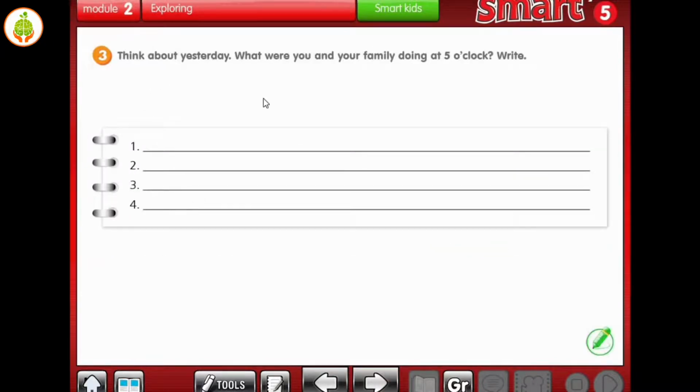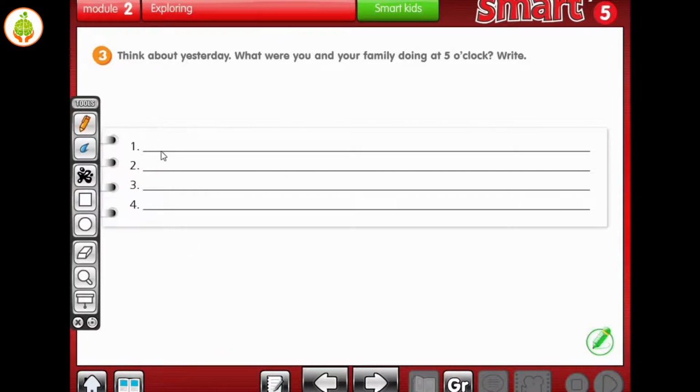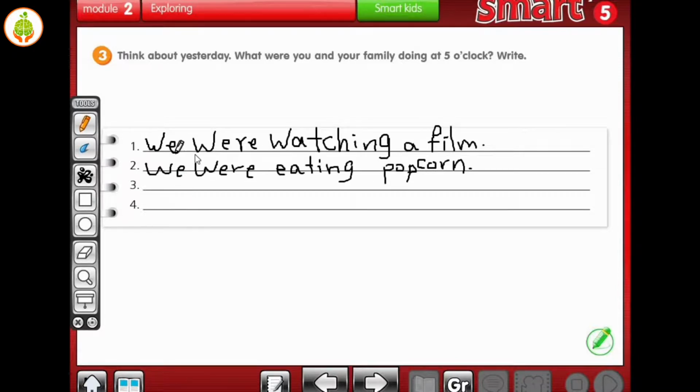Think about yesterday. What were you and your family doing at 5 o'clock? Right. So, yesterday at 5 o'clock, what were you and your family doing? For example, we were watching a film and we were eating popcorn.